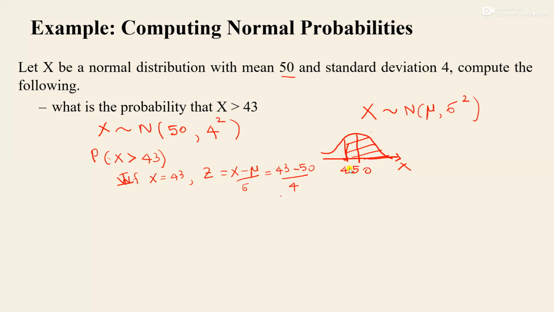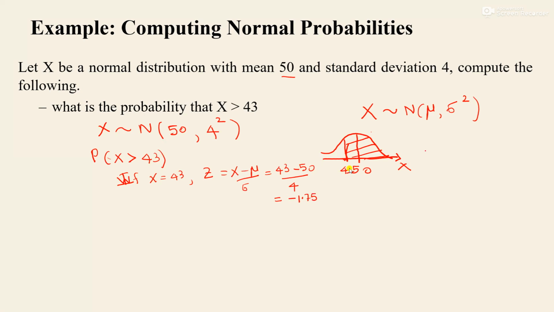So that is equal to minus 1.75, because minus 7 over 4.